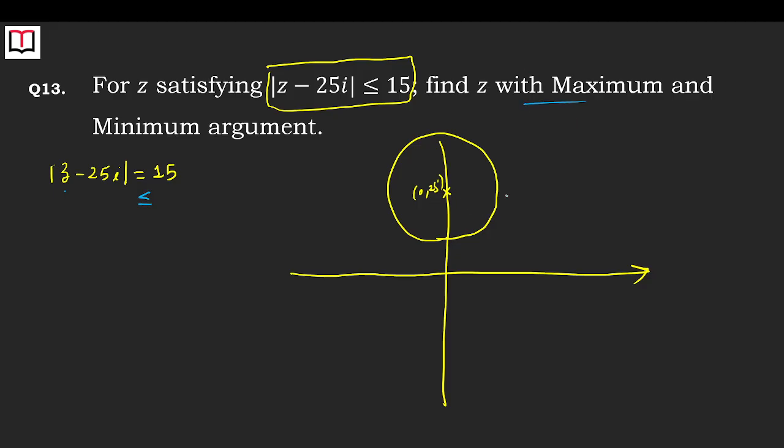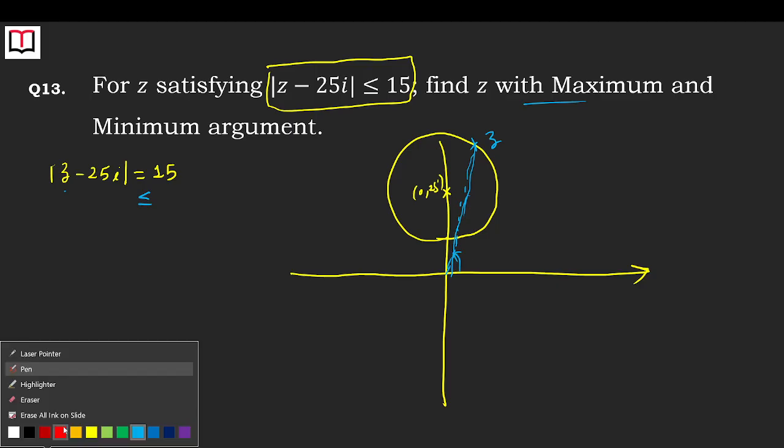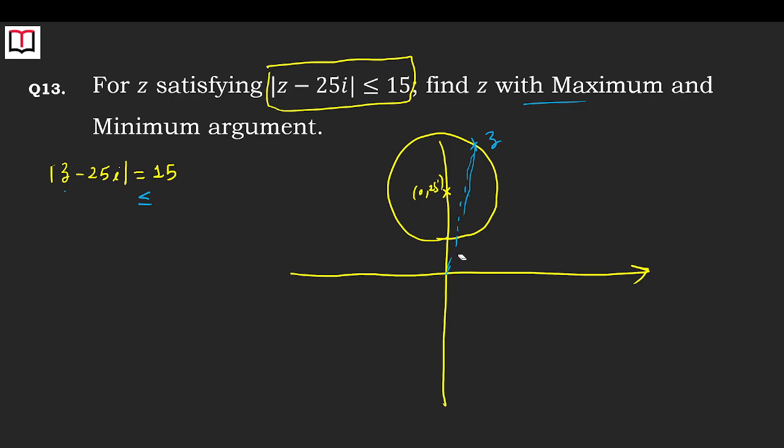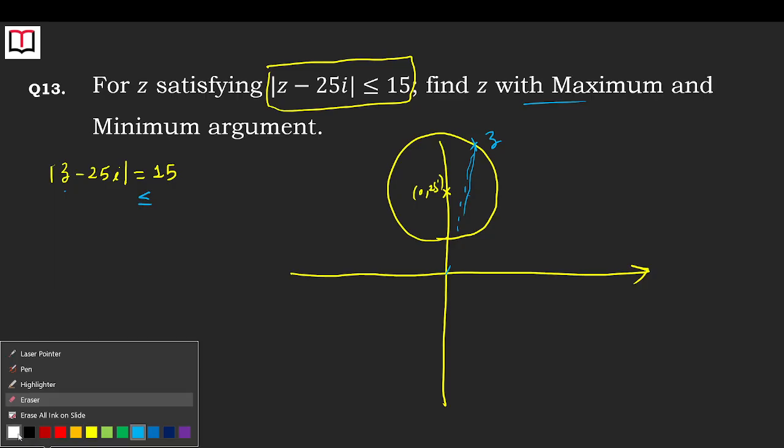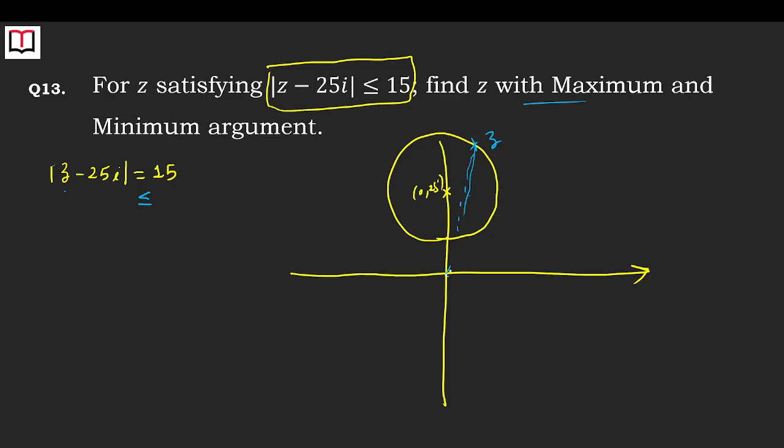Now find z with maximum and minimum argument. What is the argument? If z is here, then you join origin O with z, the angle which it makes with the positive direction of the real axis is the argument, isn't that? So for maximum and minimum argument, if I draw tangents passing through the origin to the circle, the one where it touches here will give you the minimum argument.